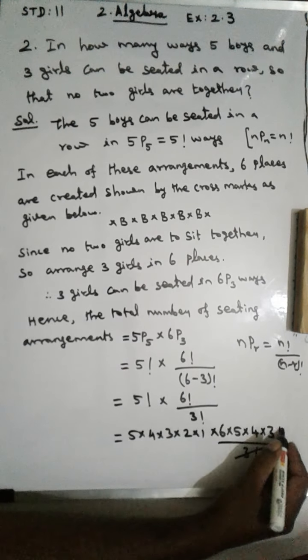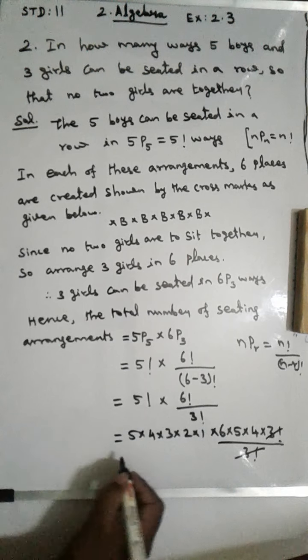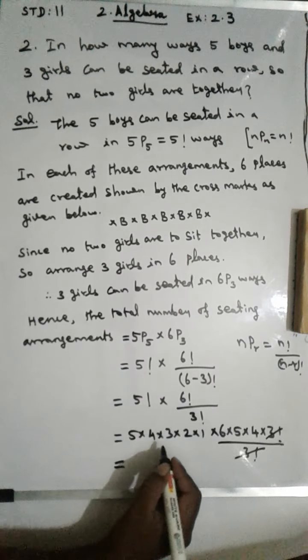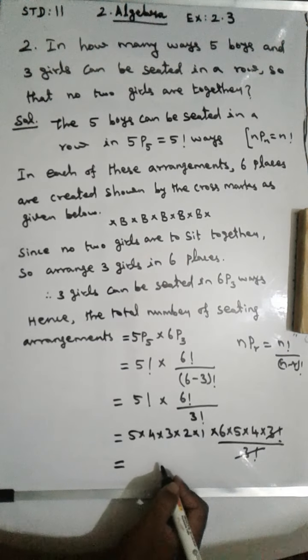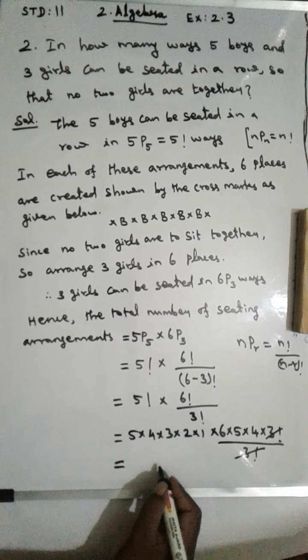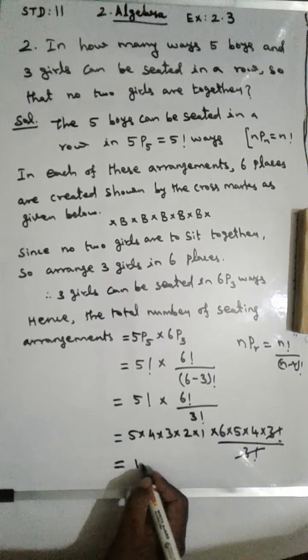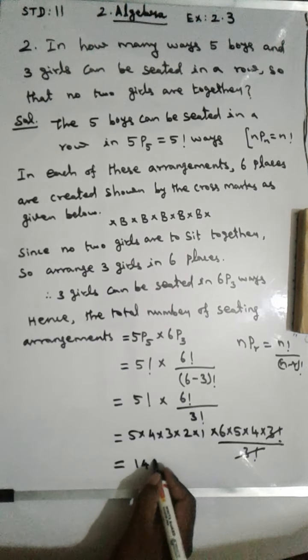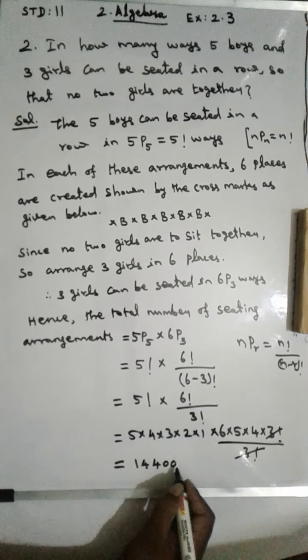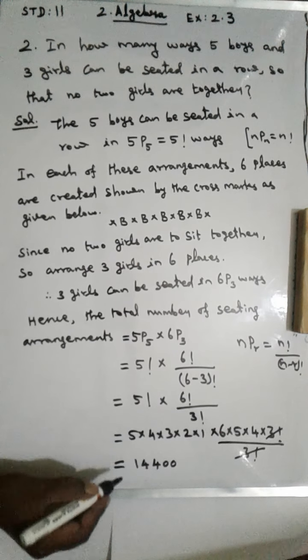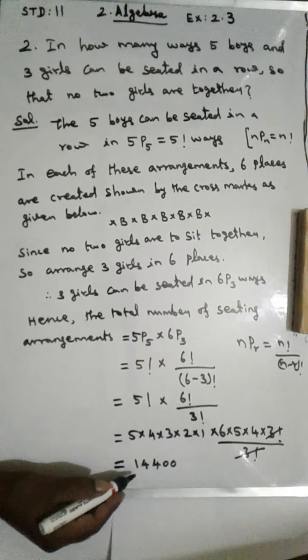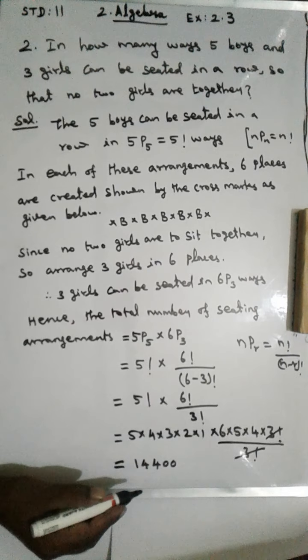So 3 factorial cancels. Multiplying these values, we get 14,400. That's all.